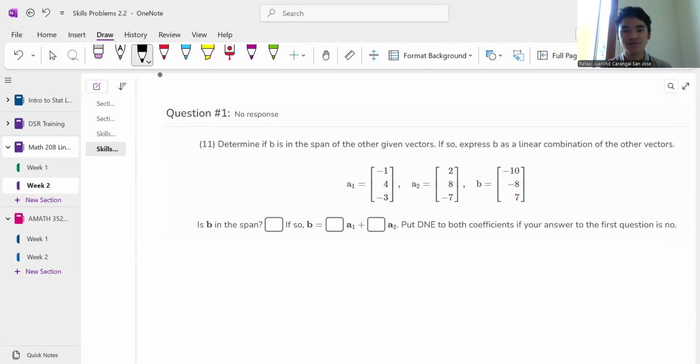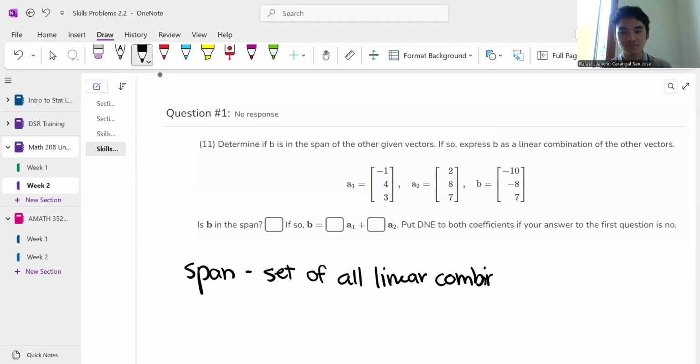And a definition of span, so that was geometrically. Algebraically, it means it's a set of all linear combinations of, in this case, a sub 1 and a sub 2.